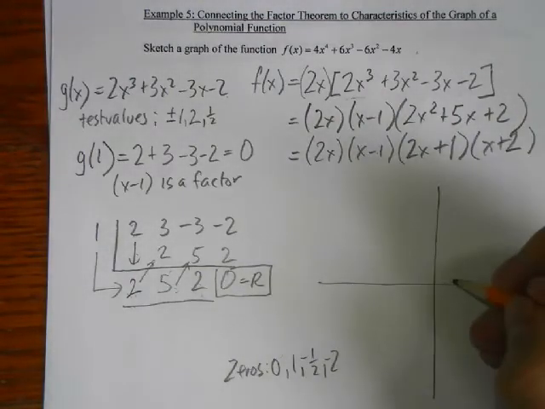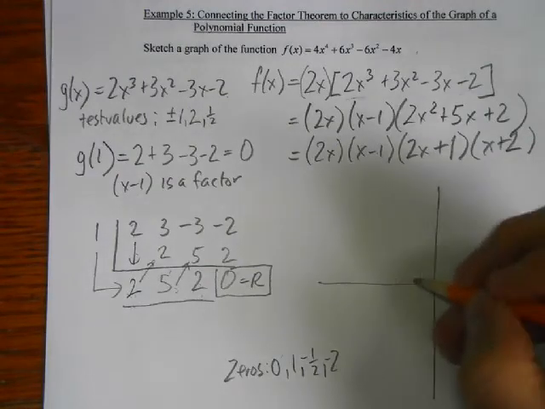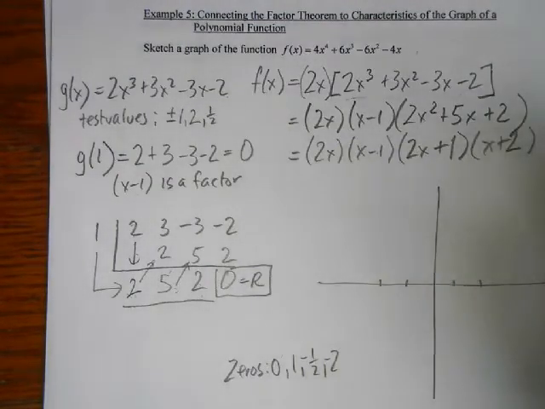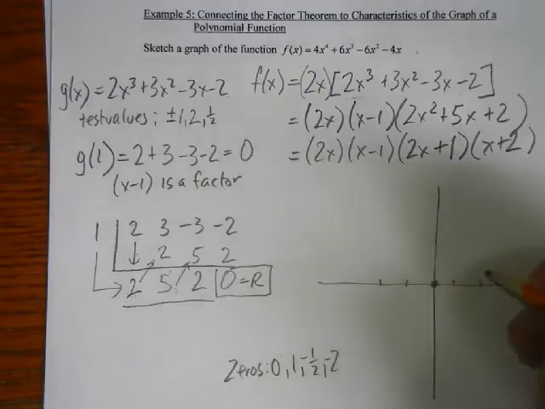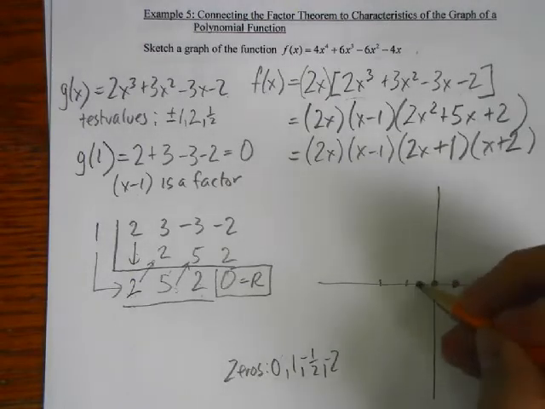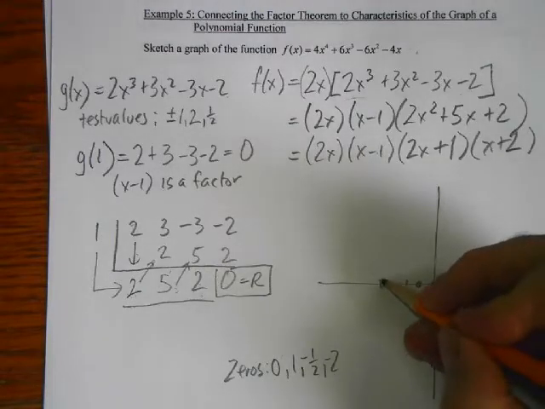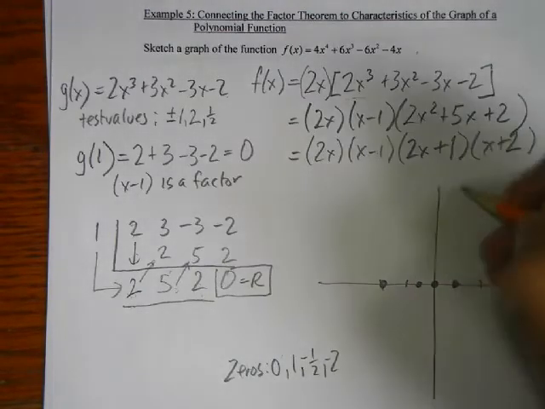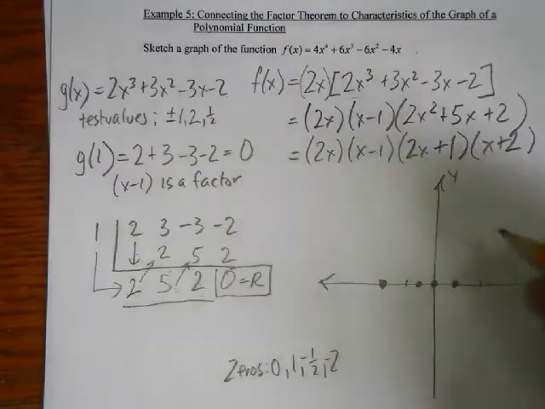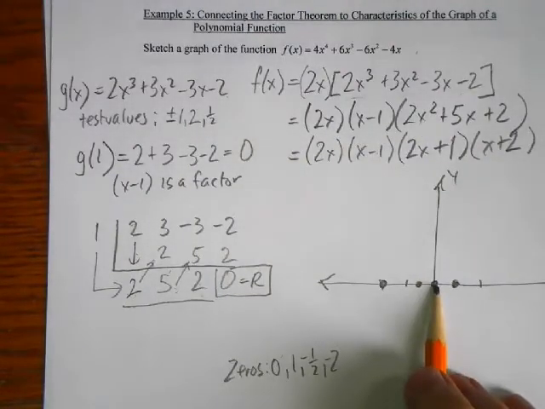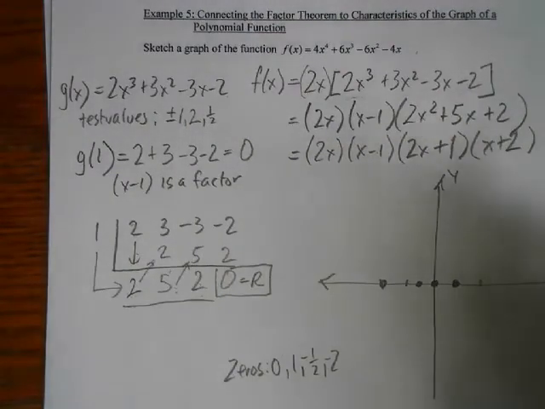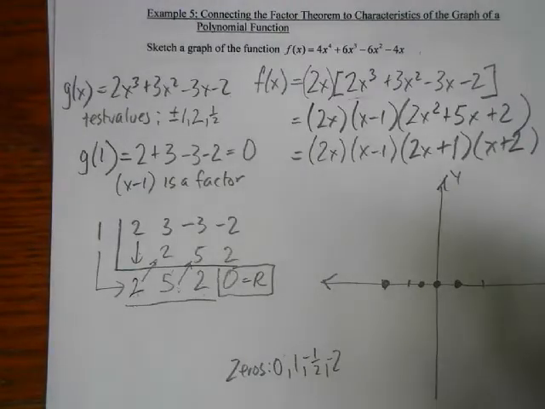So I'll spread these out a little bit. Okay, so I have a 0 there, I have a 0 there, negative a half, so these are pretty tight, and negative 2. And the y-intercept, since I have an x-intercept at 0, that's also the y-intercept, so I don't even have to check for that. What about the end behavior?